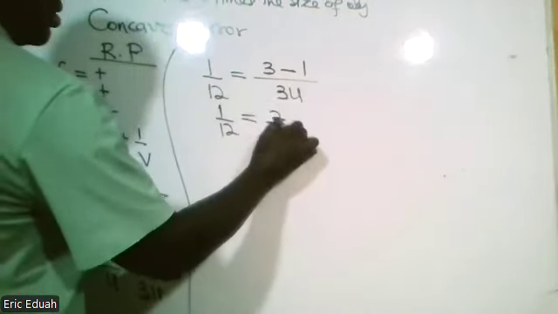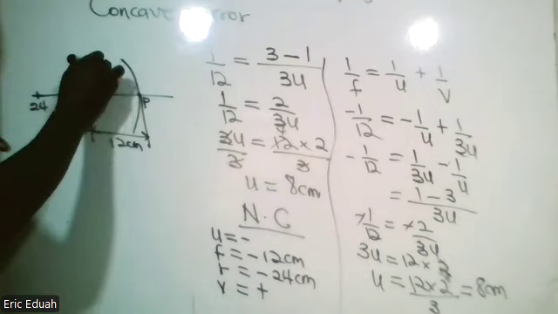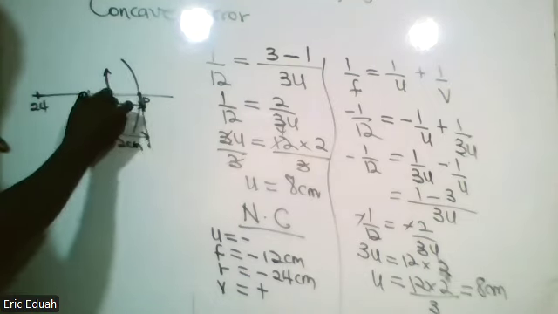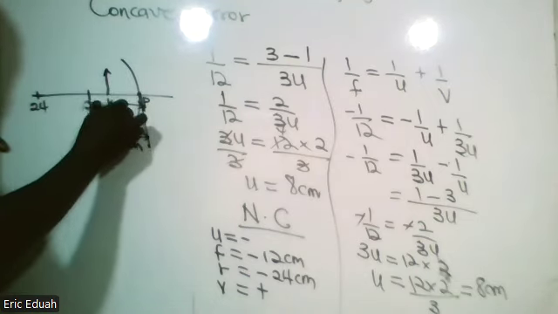Object distance is 8 centimeters. So if you have an object placed between the pole and F, what kind of image will be formed?